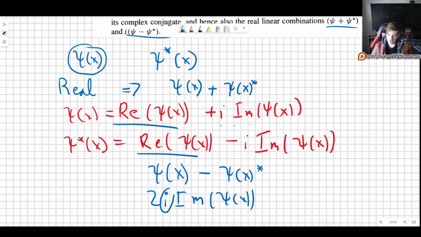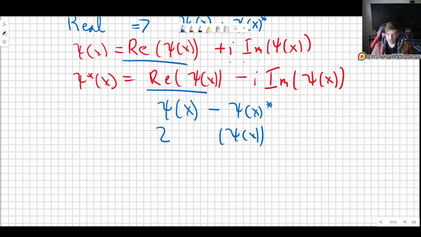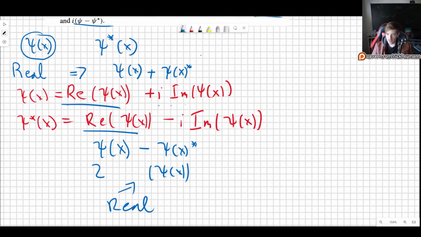But since we're multiplying i times the imaginary part, we are going to get something real, because it's going to cancel out the already existing i. So, up to a minus sign, we would get something that is real. Okay, so both this expression and this expression are always real. That is very, very important.